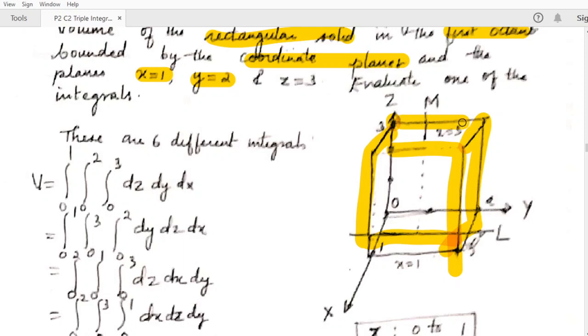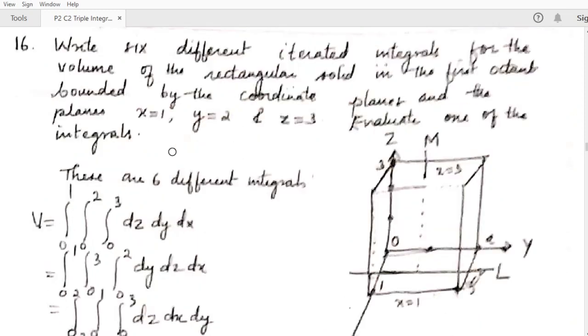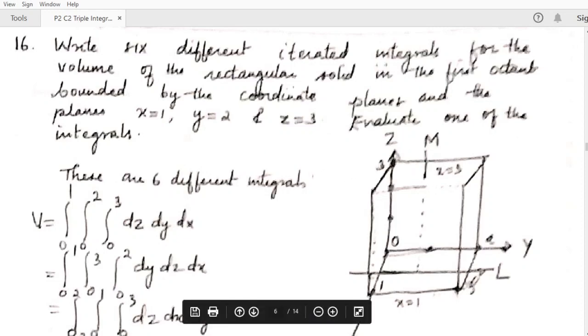Now we have to find the volume of this solid. So first we have to find the 6 different iterated integrals to find the volume of this solid.